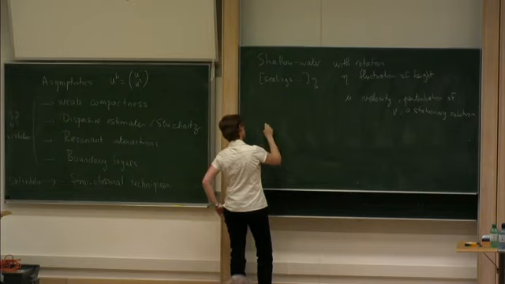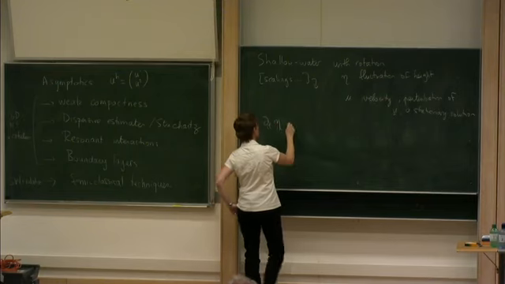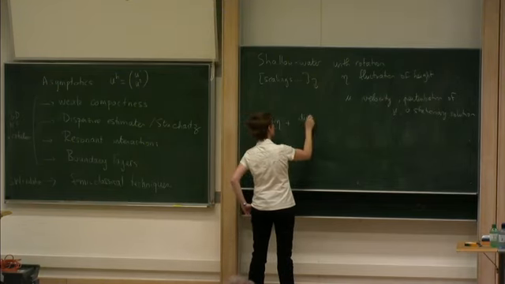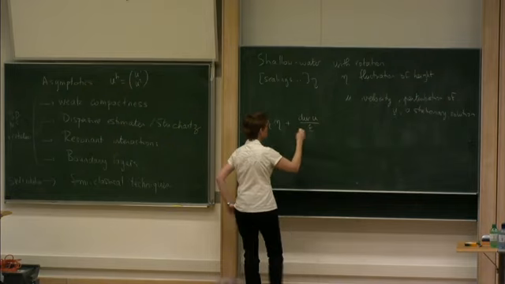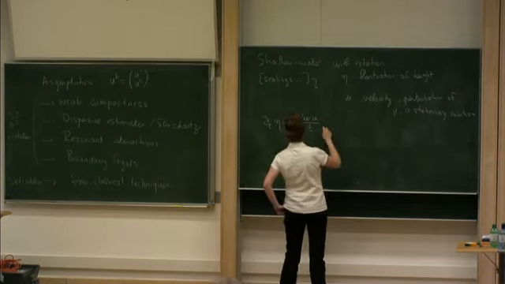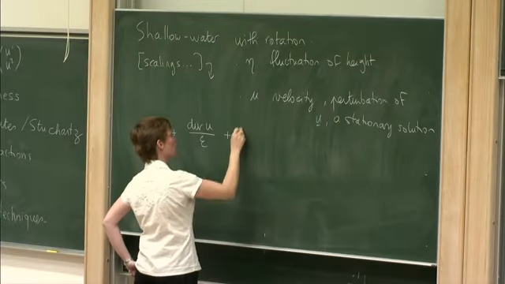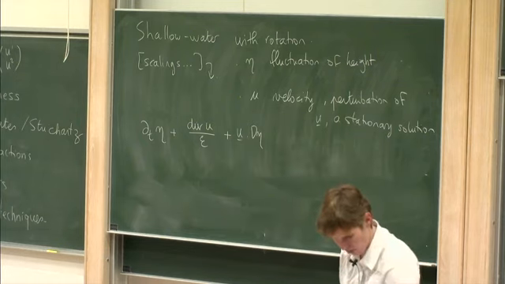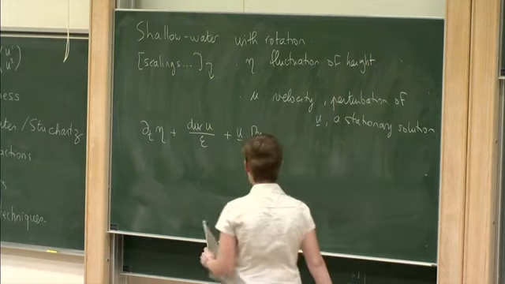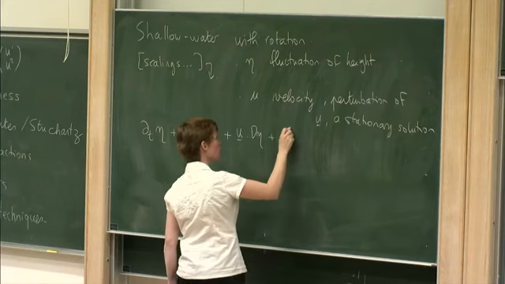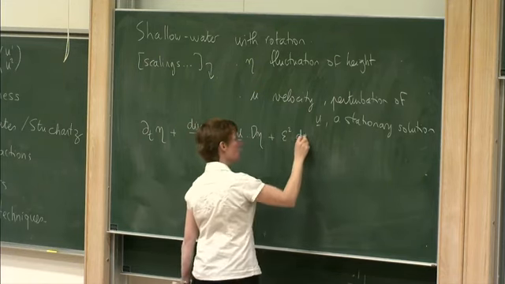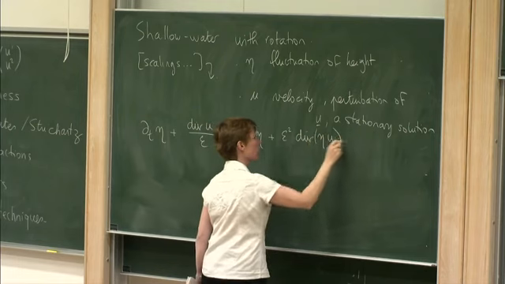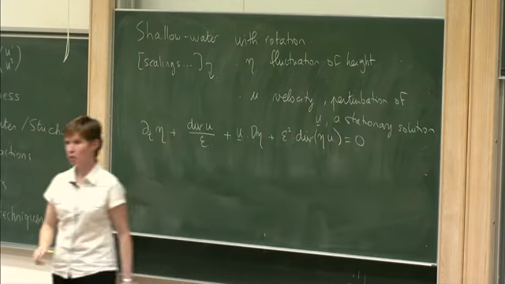So here's the model. I'm trying to write it the right way. So dt eta plus divergence u over epsilon, where epsilon will be the Rossby number, with some scalings, plus u bar eta. So just checking not doing things wrong. Okay, then I have a nonlinear term. Because of my scalings, so this is cheating, of course, but we sort of chose everything so that the nonlinear term is very small.